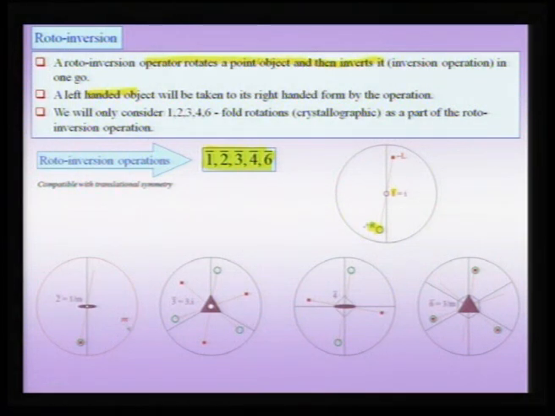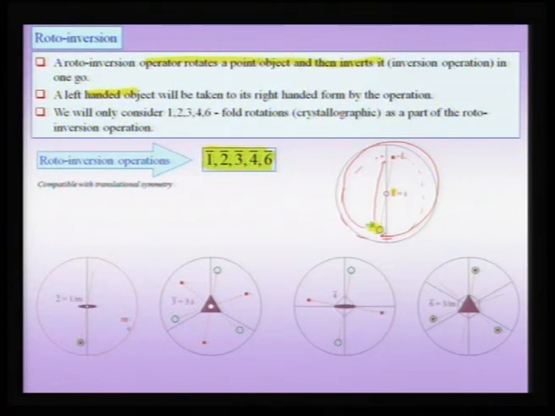I come back here, but I don't leave a point there, I invert immediately, and when I do the inversion, I land up with a left-handed object below the plane of the slide. And of course, what will happen further if this roto inversion operates again? I will start with this left-handed point, rotate by 360 degrees, in other words, go again 360 degrees and come back to the left-handed object, but I will not leave a left-handed object there, I will invert it below the plane of the board.